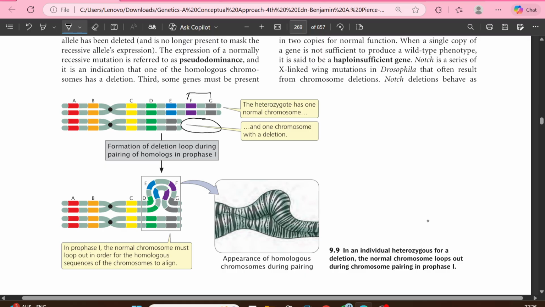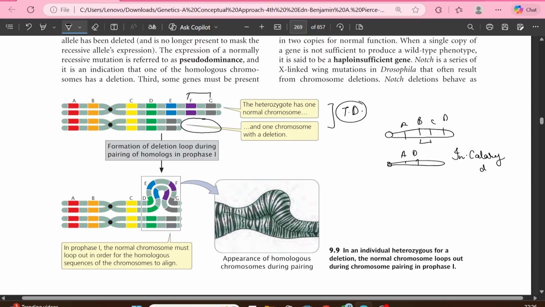So if they were present on the terminal position and they have got removed, this is what we call terminal deletion. Similarly, if there is a gene which has been removed from in between, suppose there was A, B, C and D, and now the other has only A and D. That time B and C from in between have been removed. So this is called intercalary deletion. So there can be two types of deletions.